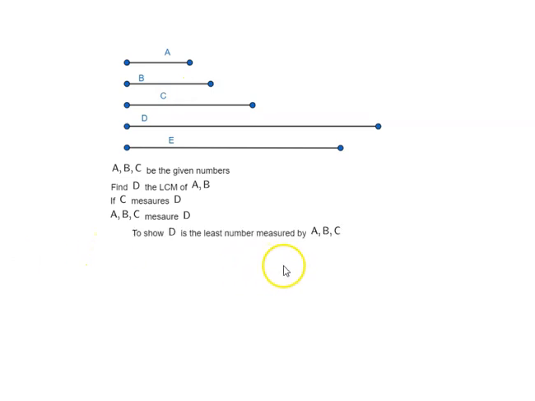To show D is the least number measured by A, B, C, let E be the least number, that is, E less than D. So we know A and B measure E. Why?